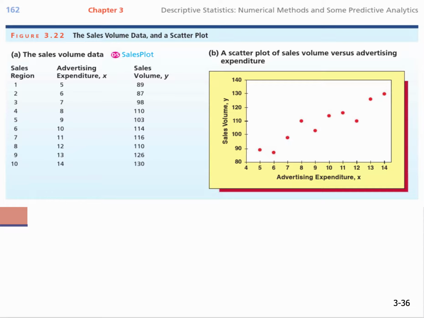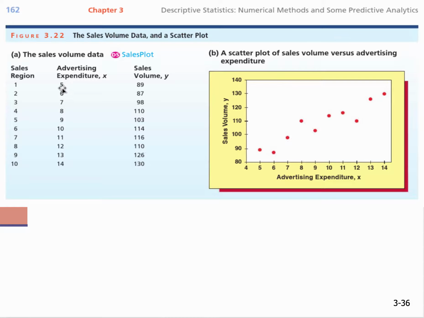As you can see, in this data, we have the sales regions. We have 10 different regions. We have the advertising expenditure, which is the value of X for those specific regions. And we have the sales volume in each specific region.